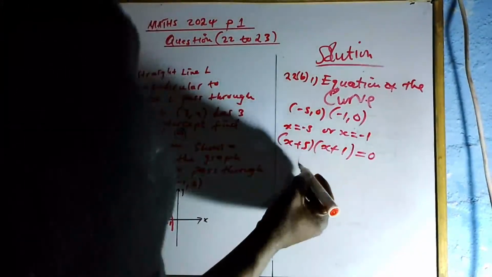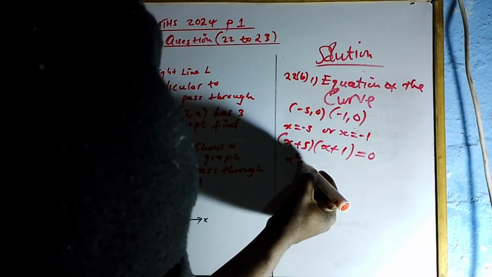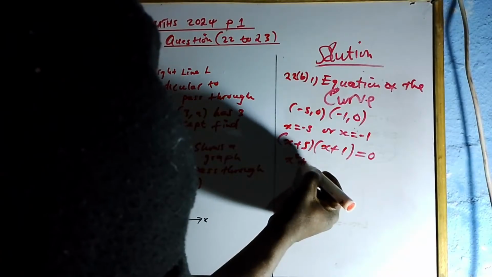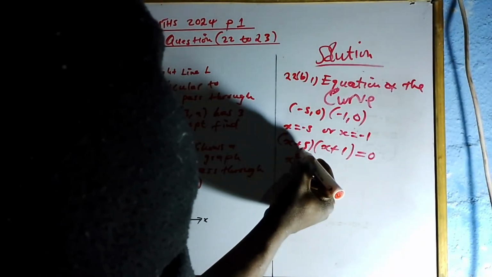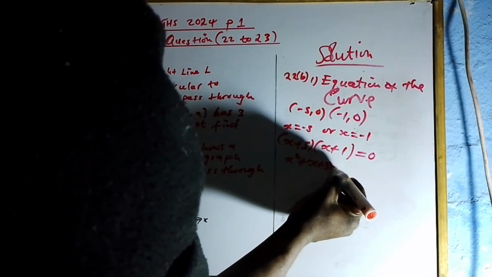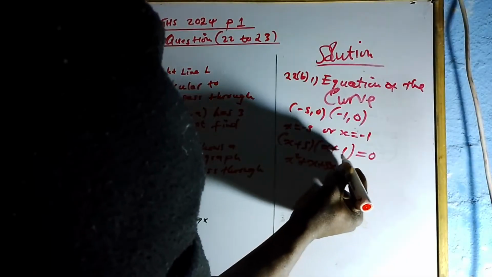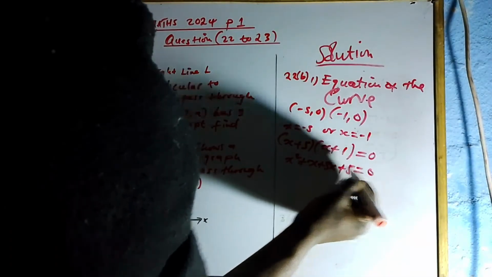x times x, which is x squared, then plus x times 1, which is x, then plus 5 times x, we're going to have 5x, 5 times 1, which is plus 5, which should be equal to 0.